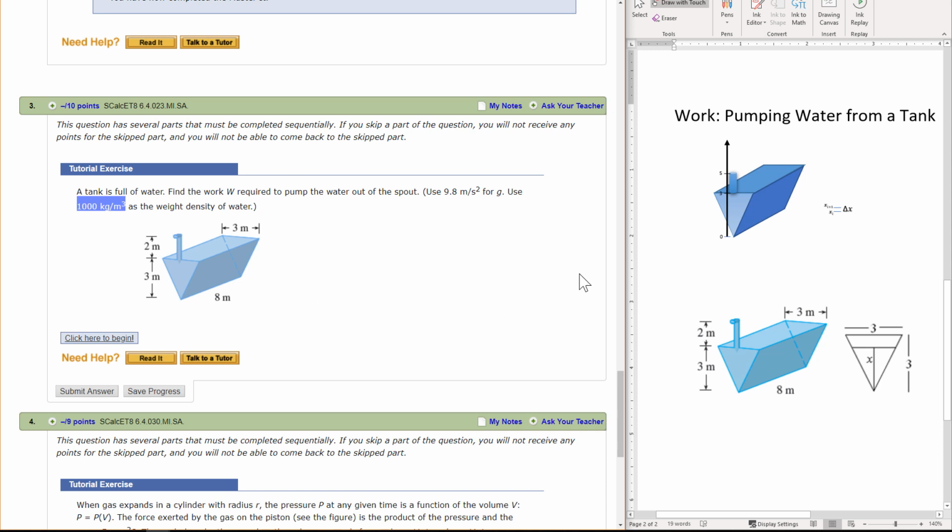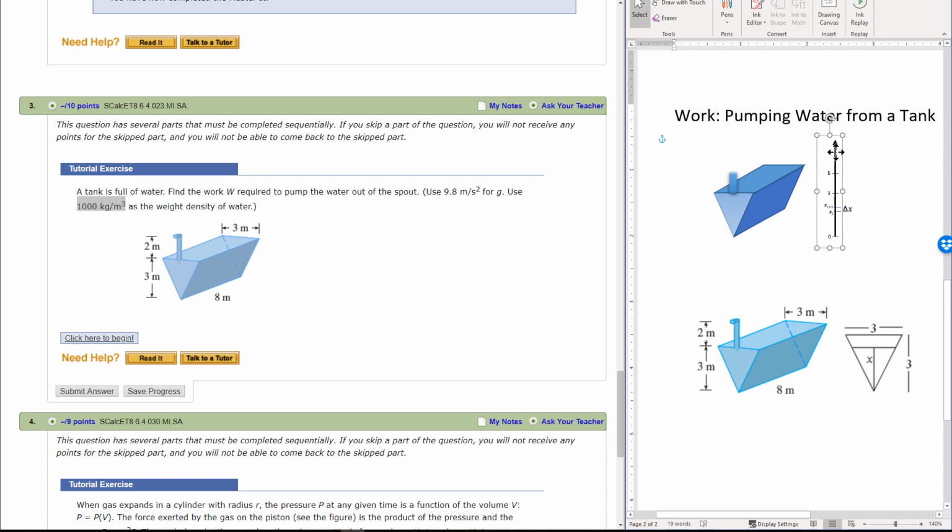Okay, so let me just see if we can picture the idea behind pumping water out of a tank. We're going to look at the x-axis as the height from the ground of the tank. So I'm going to move the x-axis a little bit, over here.